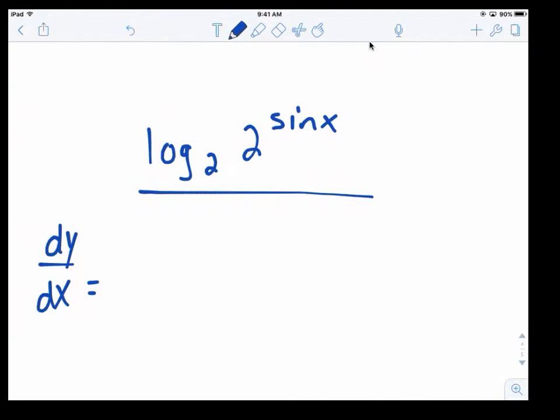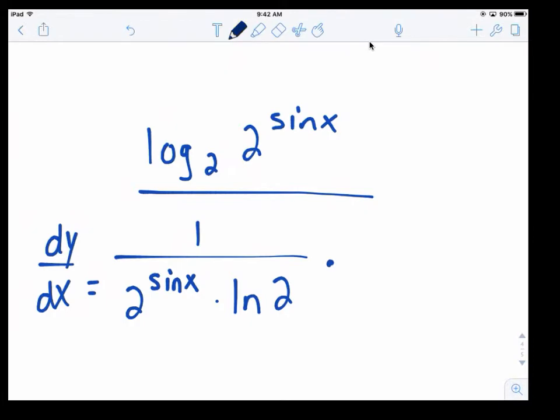It's nice when it cancels out like that. So when you take the log base 2, you have 1 over, what are you taking the log of? 2 to the sine of x, times ln of your base, which is 2. Now we need to take the derivative of 2 to the sine of x. So what does that become?